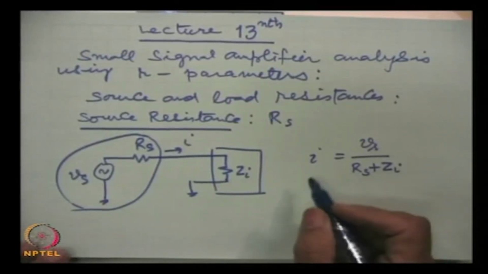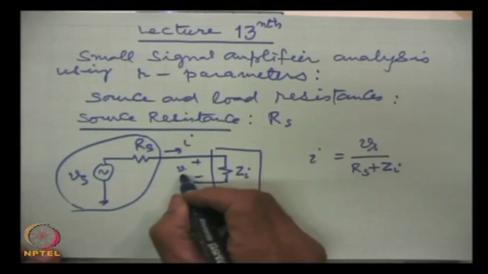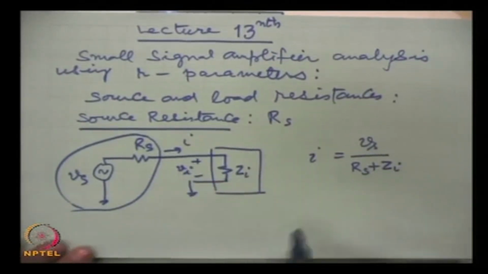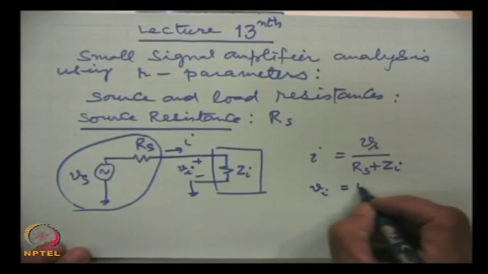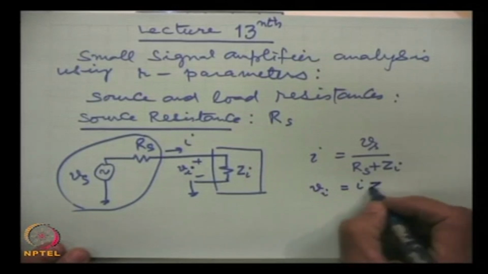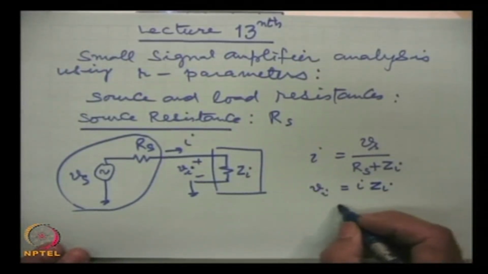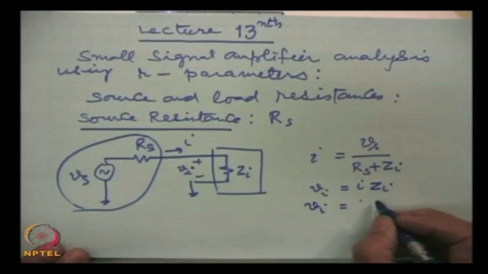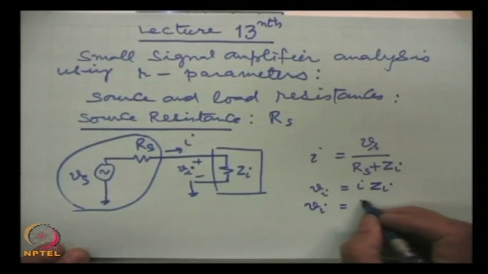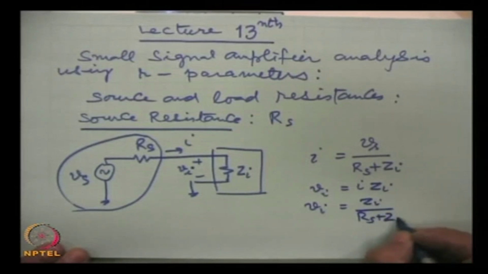The voltage which is available for amplification actually is Vi. So, Vi is equal to I into Zi. When I substitute the value of I here, I get Vi equal to Zi upon Rs plus Zi into Vs.